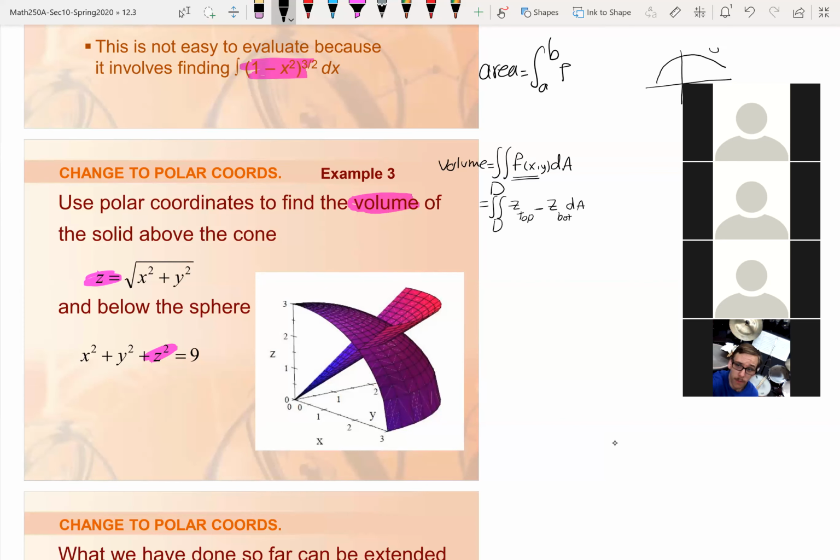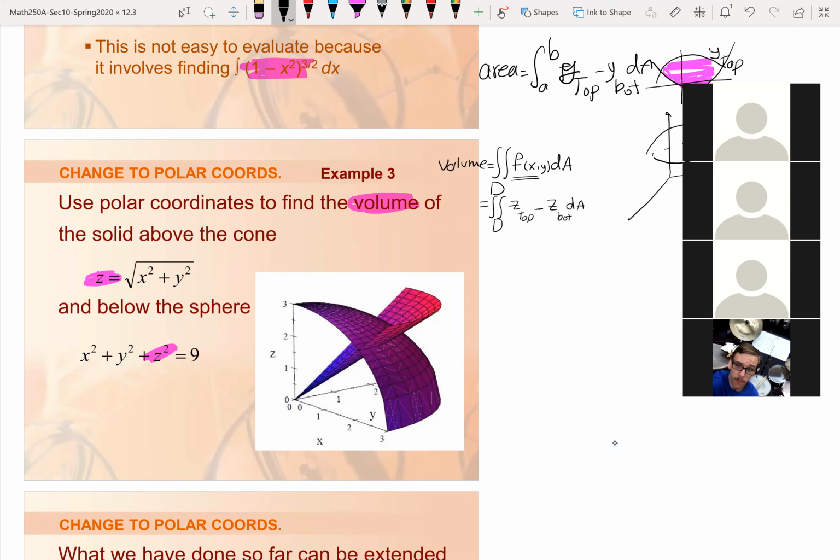You say y top minus y bottom, and that gives you the area between two curves, right? It's really the same idea when I move to more dimensions, getting the volume between surfaces.